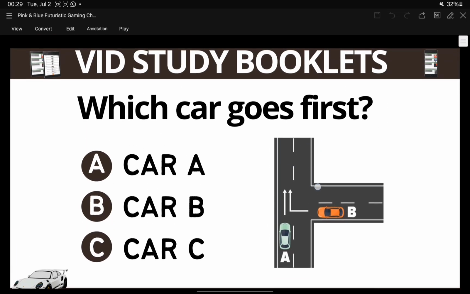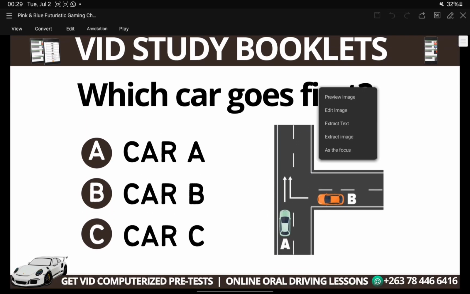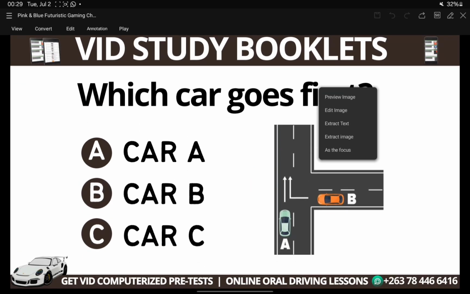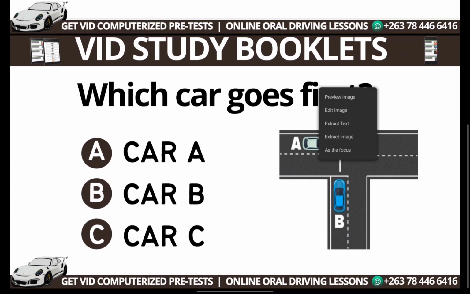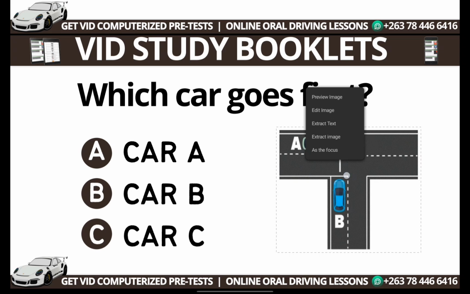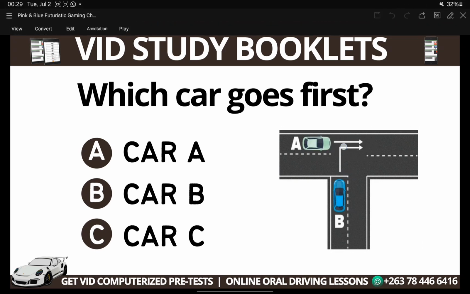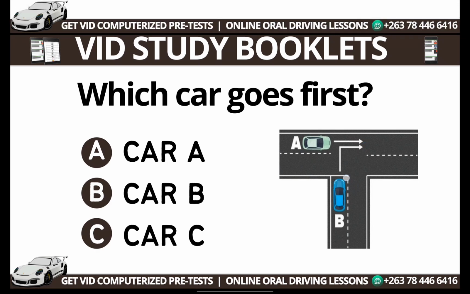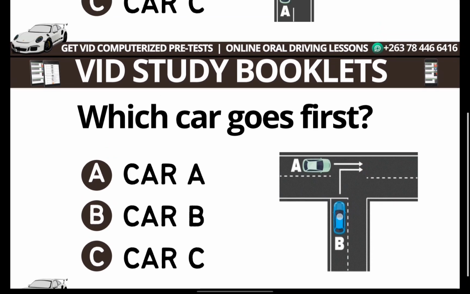There must be proper proof accompanied to that conclusion. Okay, so there must be proper proof that clearly shows that this is a main road and this is a side road. Okay, and one of the proof that we should see is either a stop sign or a giveaway sign or even a stop line. So if you see in this car diagram, you can see that we have a stop line here. So B is coming to a stop line.